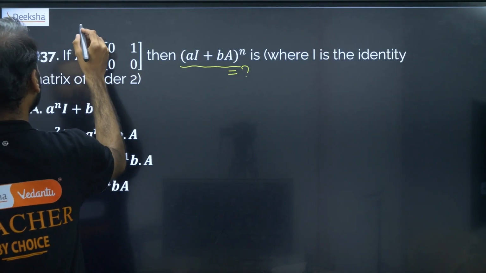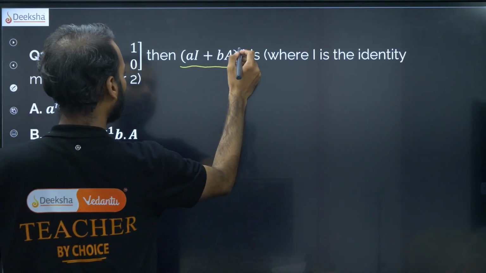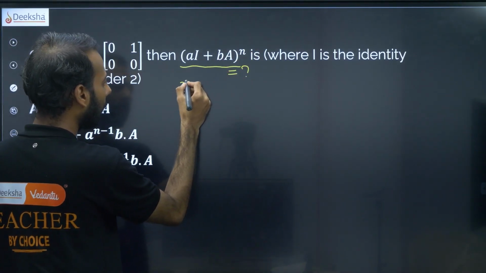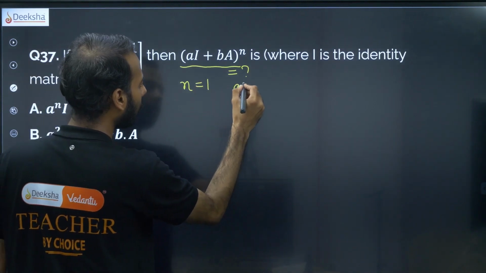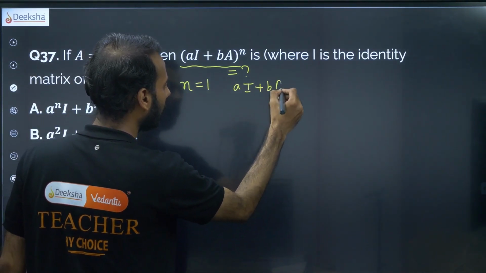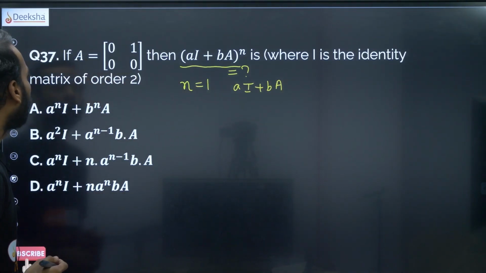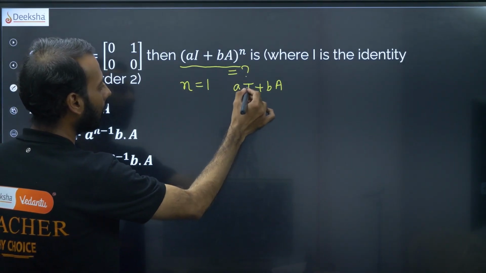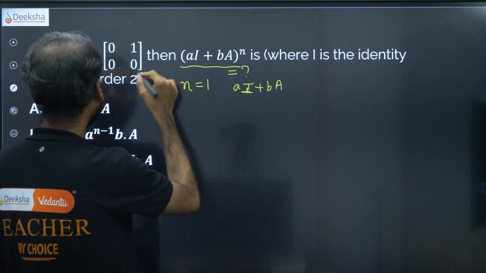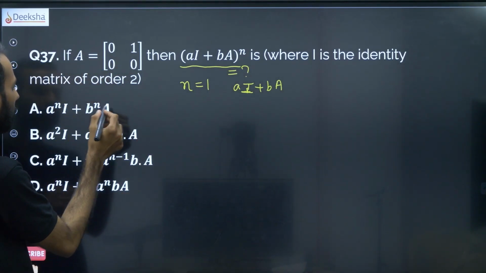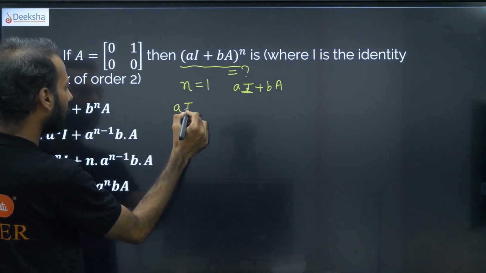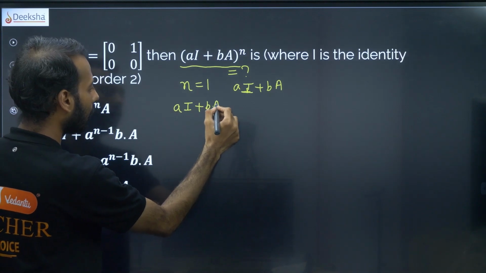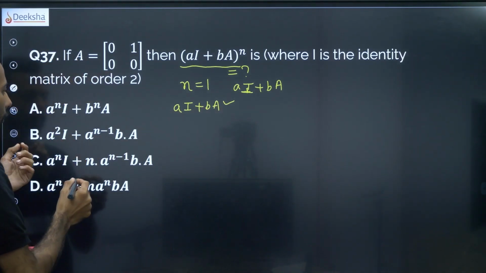So first, A they have given. Let me start with n is equal to 1, then I am going to get I A plus B A. If I am placing n is equal to 1, then I will get this. Now let me go for option verification. N is equal to 1 means B A. Okay, we can consider, but we have to check other options also.